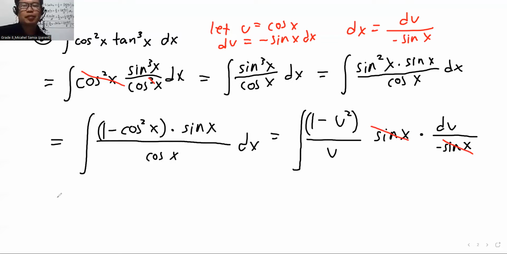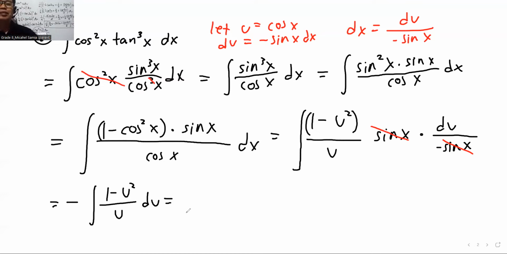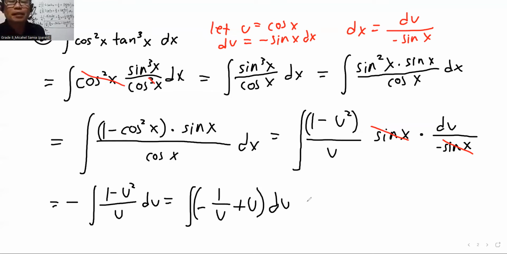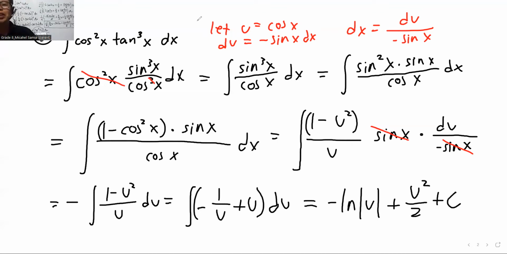Okay, we can now proceed. Natural logarithm of the absolute value of u plus u squared over 2 plus c.